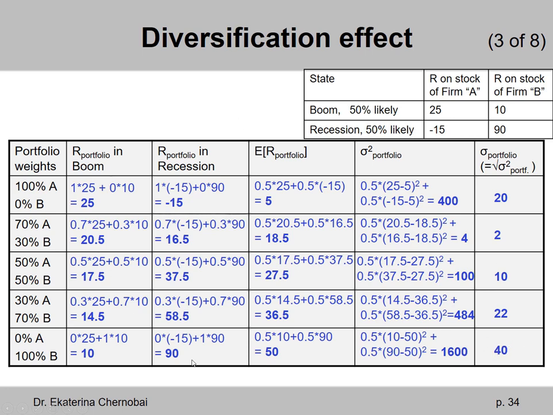So we have a lot of repetitive calculations here, right? Every row kind of repeats itself, and the only difference between the rows is the weights. So we kind of plug in different numbers for the two weights of A and B, otherwise the rest stays the same.